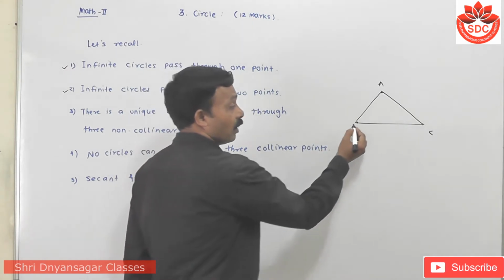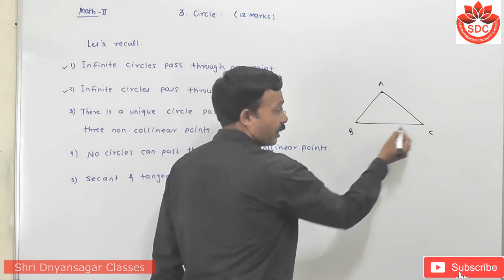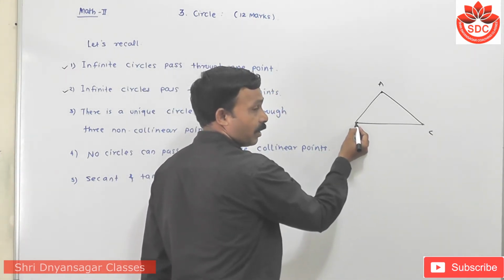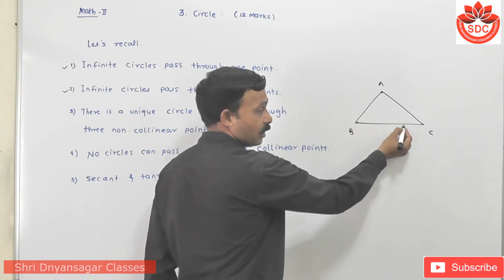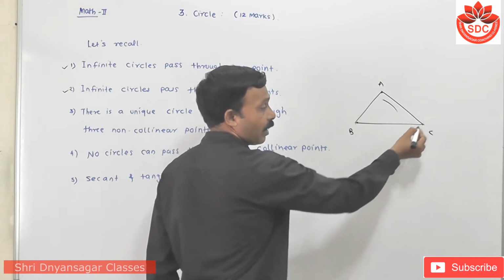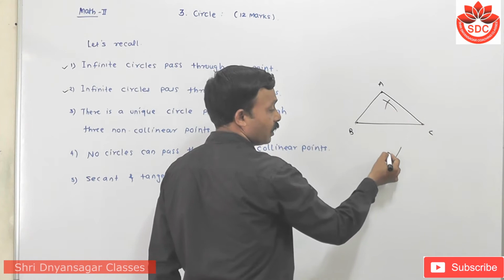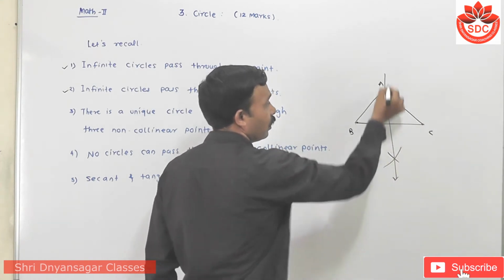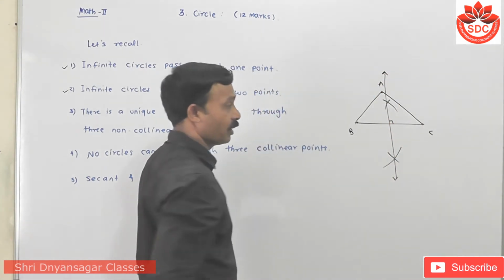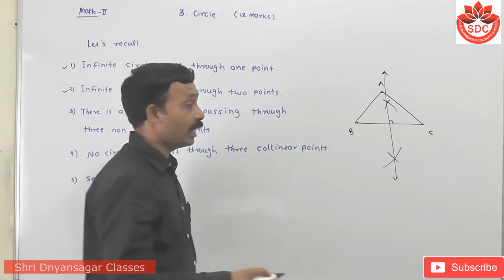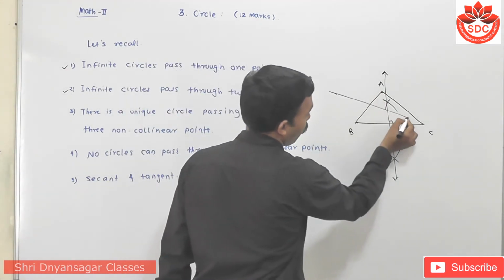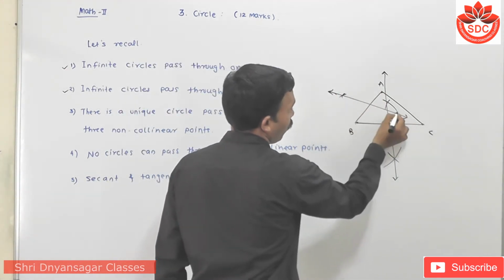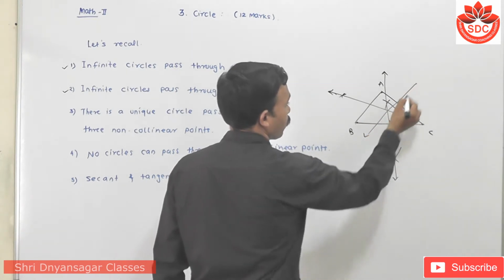Now how to draw it? Bisect the segment BC: place the compass point at B, take more than half the distance, draw 1 arc above and below, again place the point on C without changing the distance. This is the perpendicular bisector of segment BC. Similarly we can draw the perpendicular bisectors of AB and AC also.